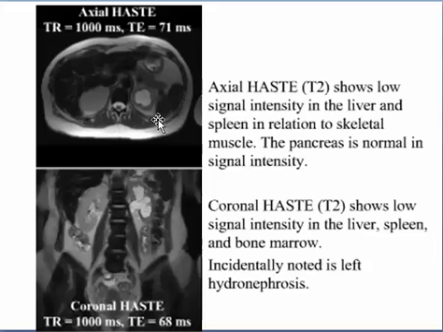The pancreas is normal in intensity. And this is a coronal showing the liver and spleen with its incidental left hydronephrosis. Again, this is due to iron deposition.